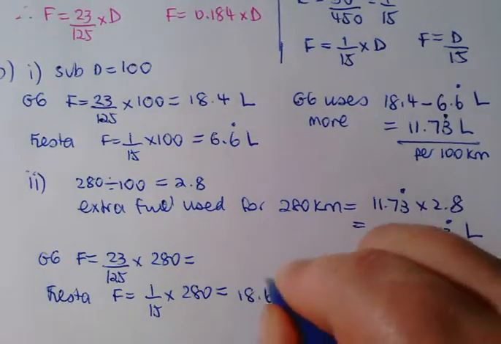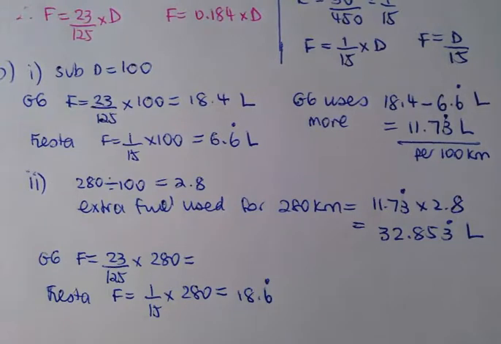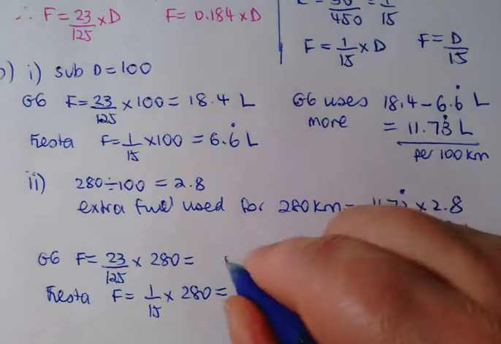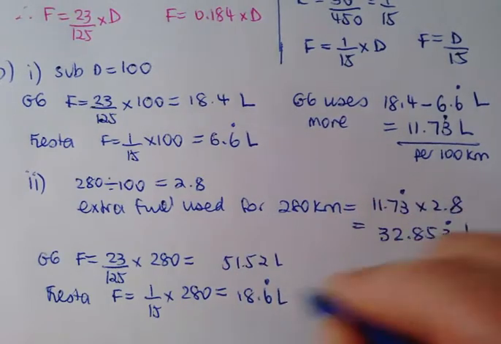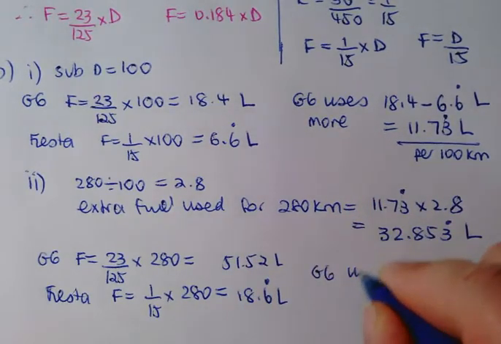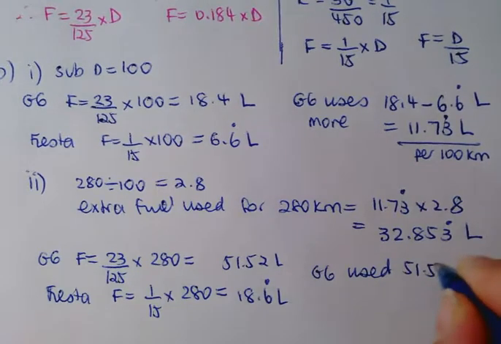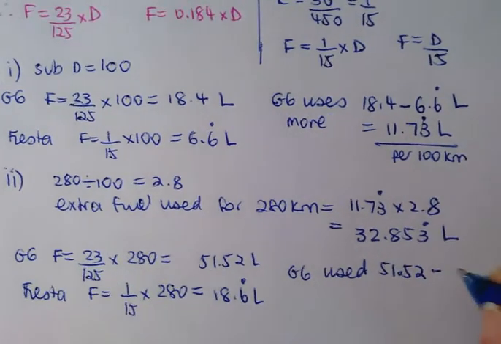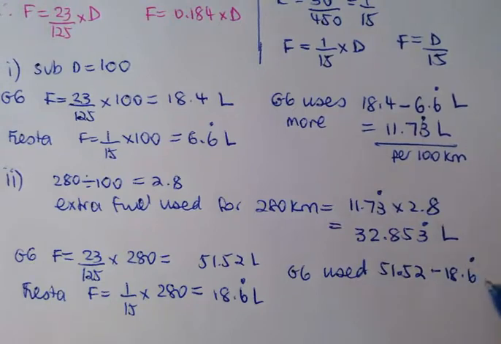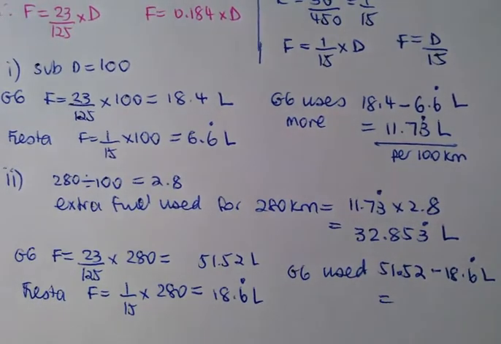So here I've got 18.6 recurring, and the other one I've got 51.52 litres, and then the G6 uses, and we would subtract these two values, 51.52 minus 18.6 recurring litres.